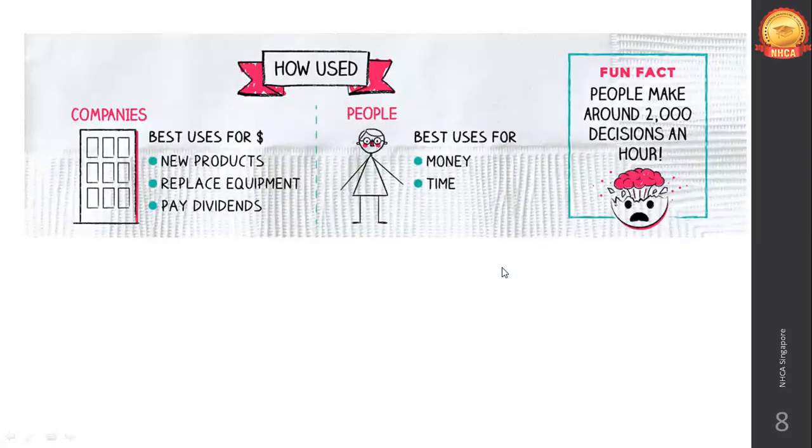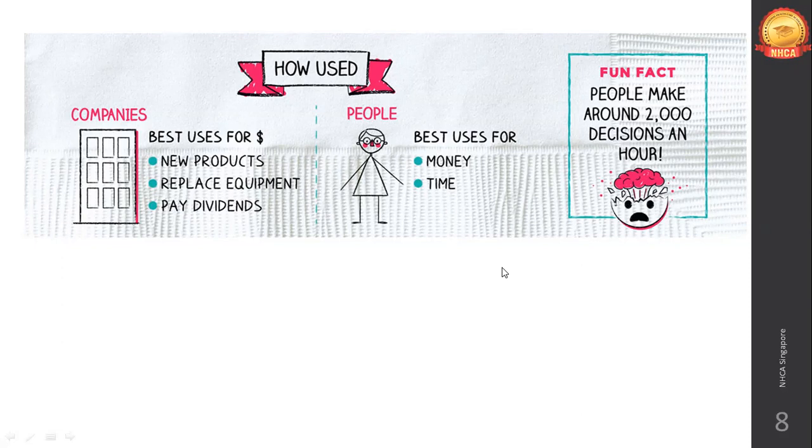So it can be used in various circumstances. How can it be used? First, the best use of a dollar or a rupee is that you can buy new products, or you can replace something. Replace an old equipment, buy a new equipment, or should you just do the repair work and use it as it is? You are making a choice.